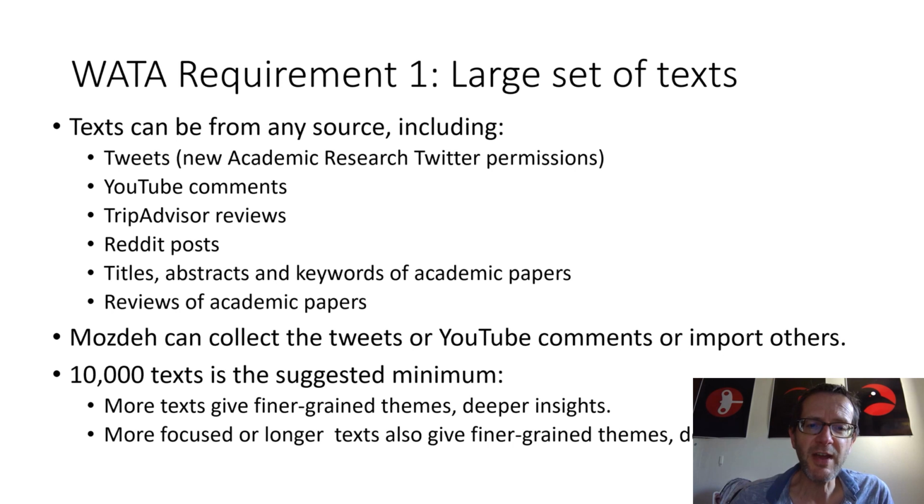So the more focused the texts are, the fewer topics they cover, the better results you get, and the longer the text, the better results. But 10,000 is the number to think of as the starting point for a WATA analysis. It probably is possible with fewer texts if you have a tightly focused collection, but I haven't tried that yet.